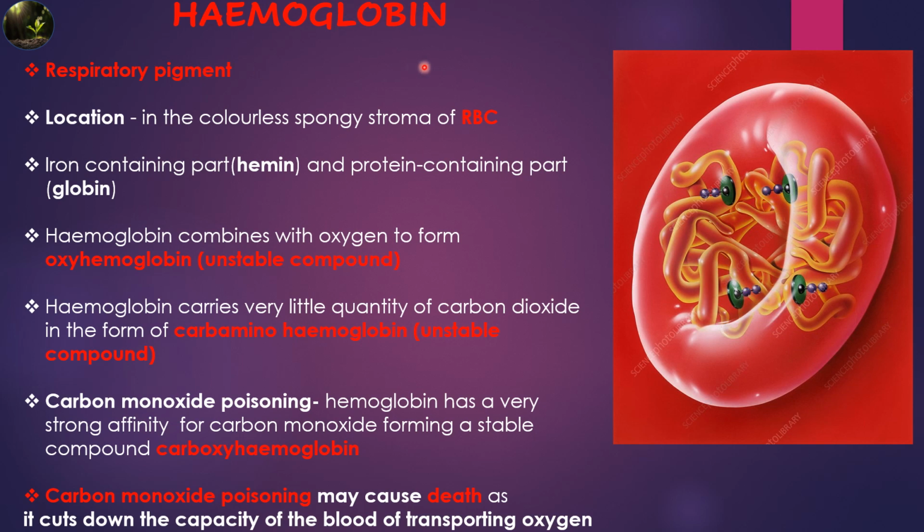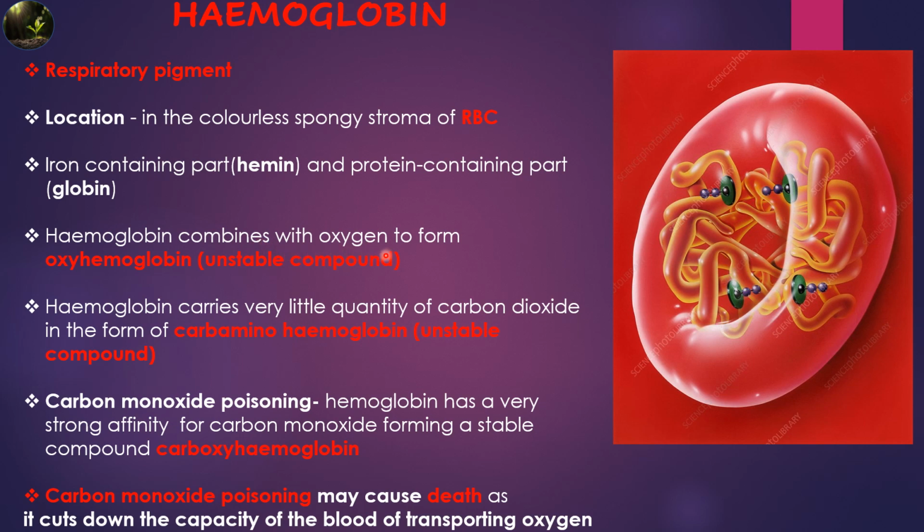This hemoglobin has two main parts, an iron containing part and a protein containing part. The iron containing part we call hemin and the protein containing part we call globin. The other feature of hemoglobin is that it has the capacity to combine with oxygen and carbon dioxide.